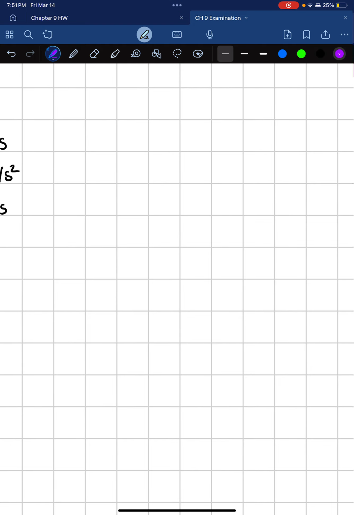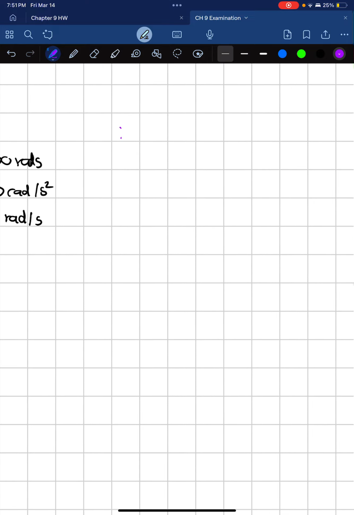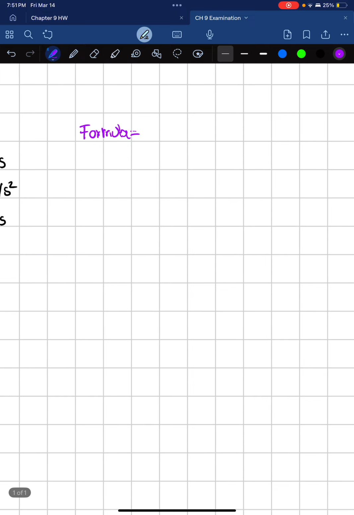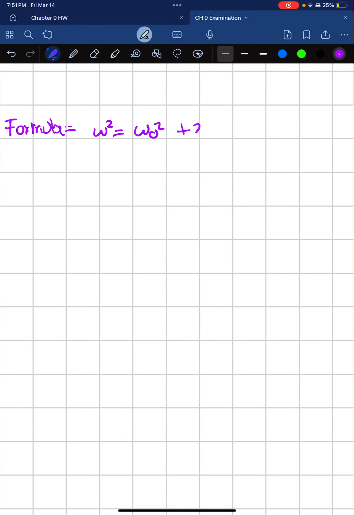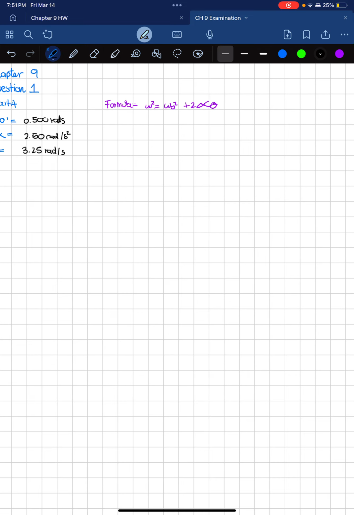Okay, so let's go ahead and use our formula. We're going to use the angular acceleration formula. Okay, we are going to use this one. It's going to be omega squared equals the initial omega squared plus 2 alpha times the angle.